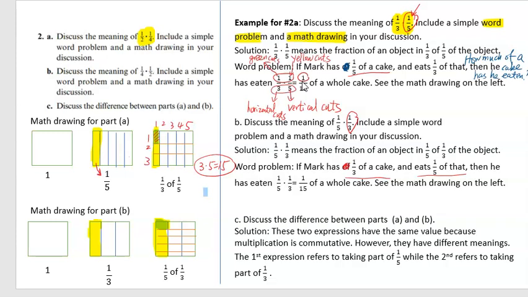And the drawing will be kind of similar, but the order is different. Instead of cutting vertically into 5 equal parts to get 5 columns, because we started with the 1/3, so he got 1/3 of the cake, we only have 3 columns instead of 5 columns, and he got one slice.